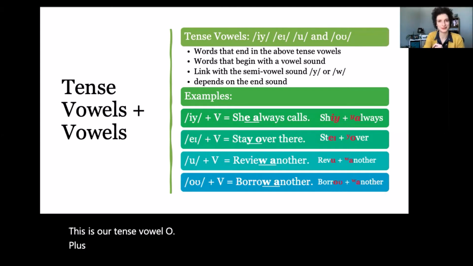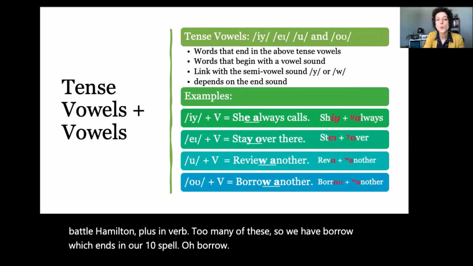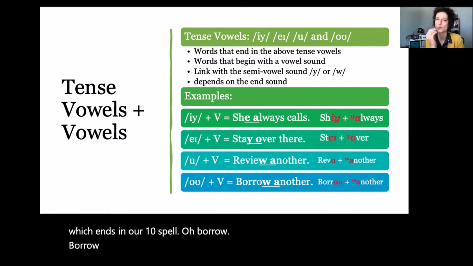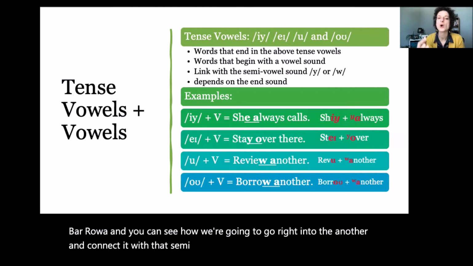So we have borrow, which ends in our tense vowel O. Borrow. And you can see how we're going to go right into the another and connect it with that semi-vowel W. Borrow another, borrow another.